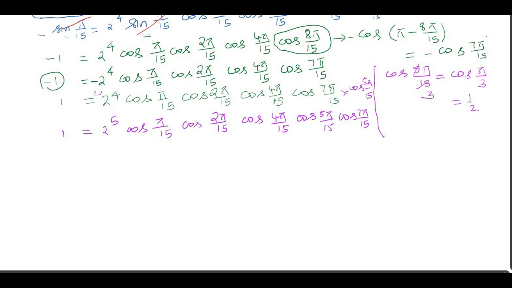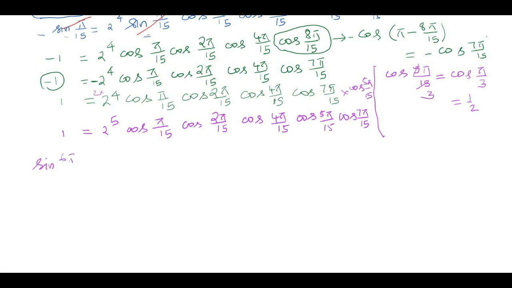consider now sine 6 pi by 15. You call this as equation 1, okay? This is equation 1. Sine 6 pi by 15, 2 sine 3 pi by 15 cos 3 pi by 15.